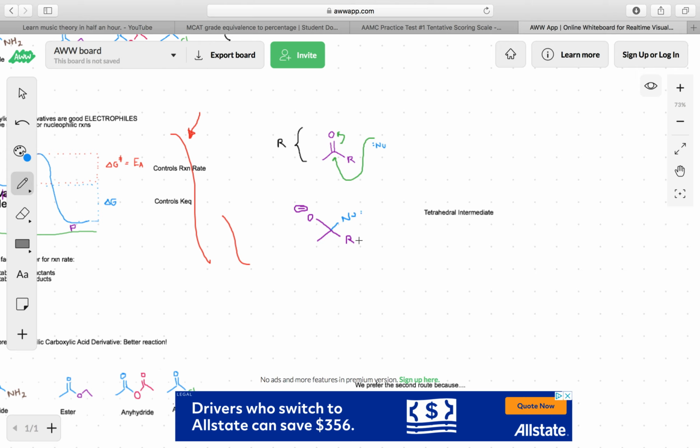So this is our tetrahedral intermediate. In order for this reaction to proceed, we need a good electrophile and a good nucleophile. So to make this a good electrophile, we want to maximize the positive charge that's on this carbon right here.